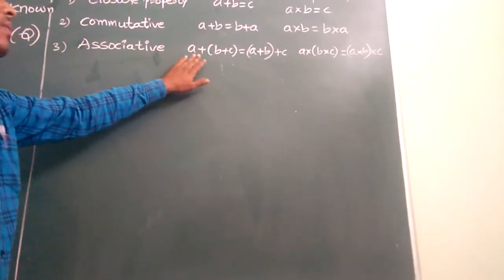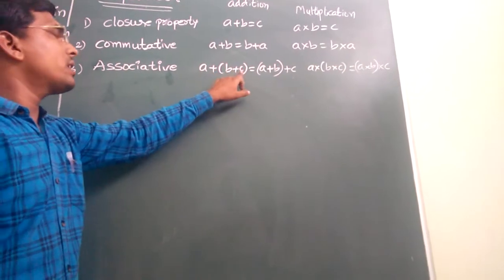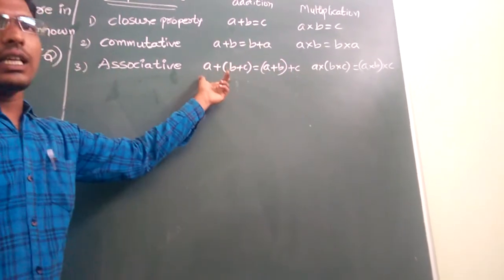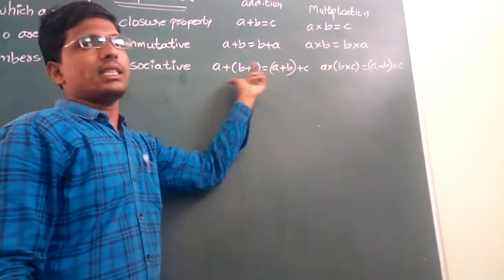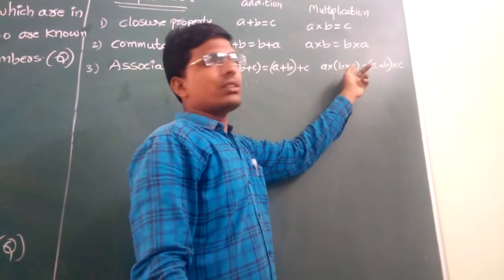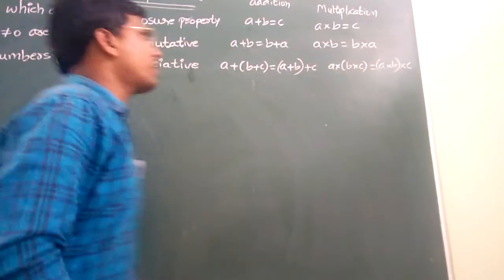So this is under addition and this is under multiplication. If you take any three rational numbers, the sum is satisfied on both sides: LHS is equal to RHS. And here a, b, c are any three rational numbers. Under multiplication also, on both sides it will be satisfied.